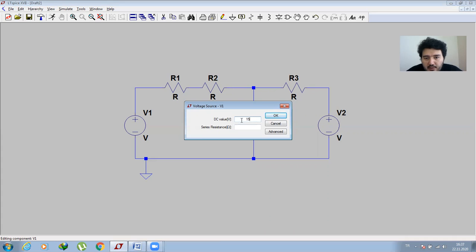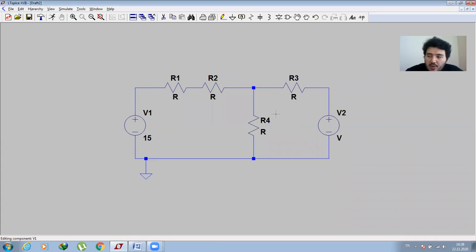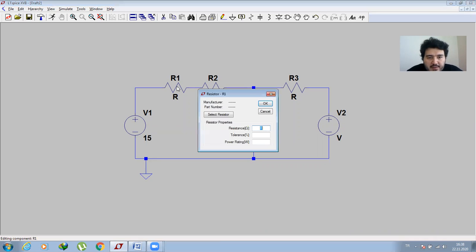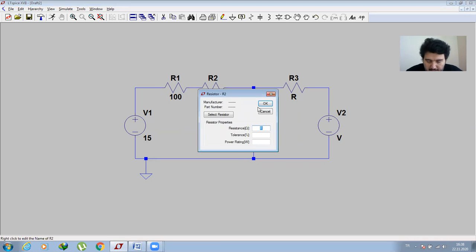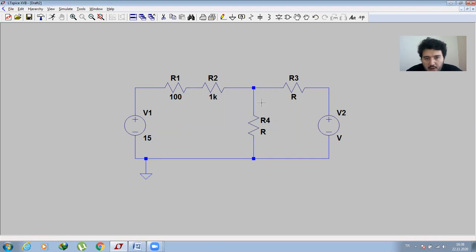I'm assigning 15 volts to the first voltage source, and click OK. I'm assigning 100 ohm for this one, and 1k ohm for this resistor.